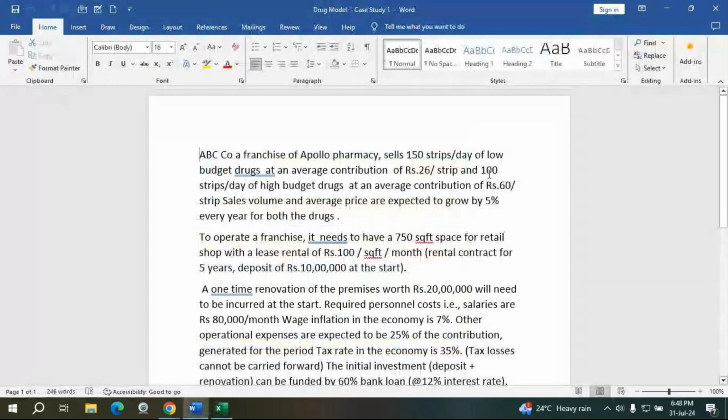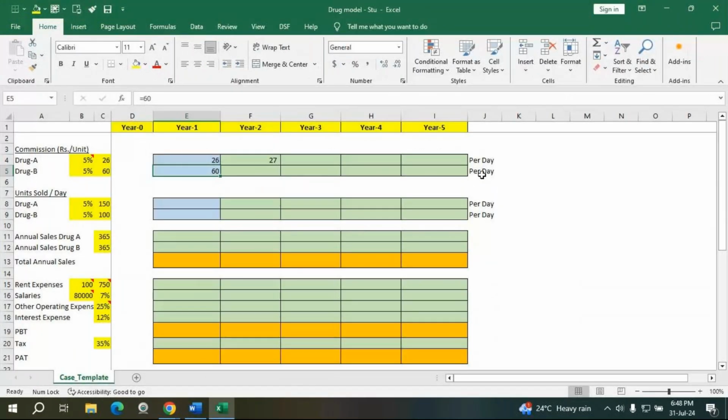They are telling that 5% year on year growth is there, equals previous year value into 5% plus the previous year value. And I'm going to drag it. So for drug B, previous year value into 5% plus the previous year value.